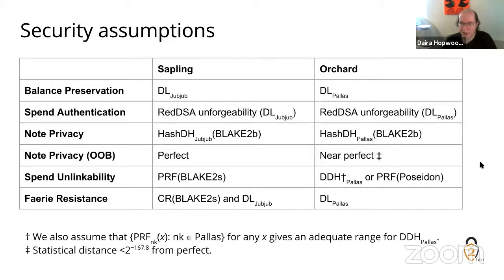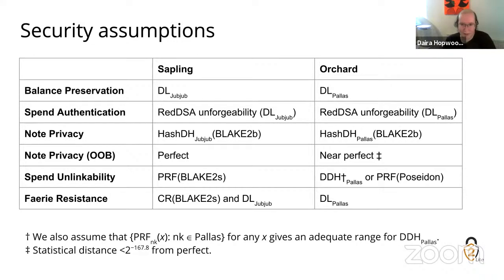When you send a note on the blockchain, obviously you're also dependent on the security of the note encryption. So that's this Hash-DH assumption, and Blake2b here is the key derivation function. So spend unlinkability, this is basically, suppose that I send you a note and you spend it.